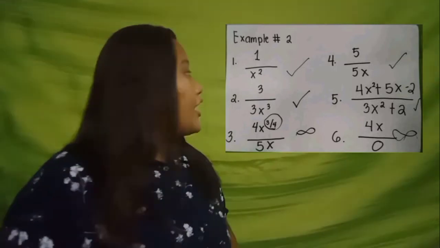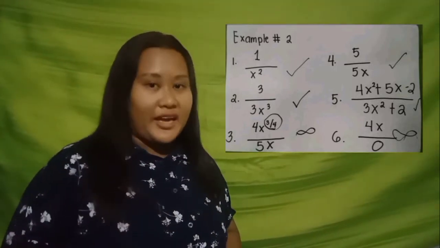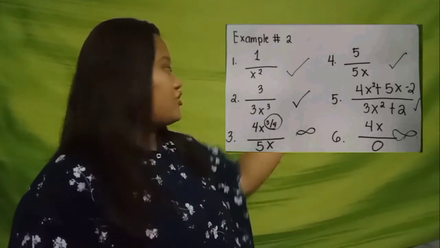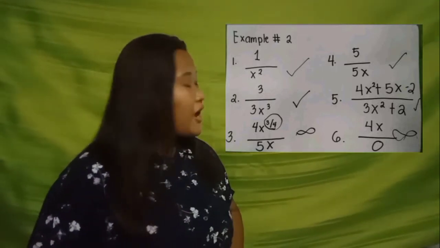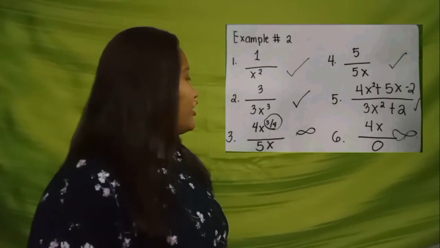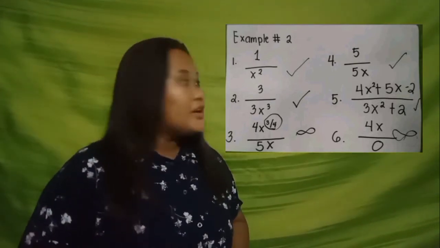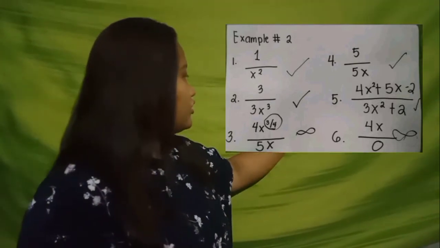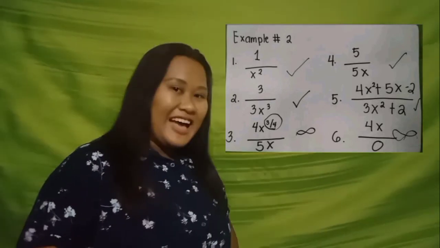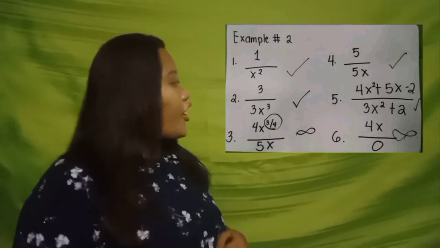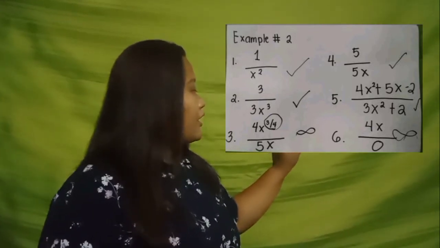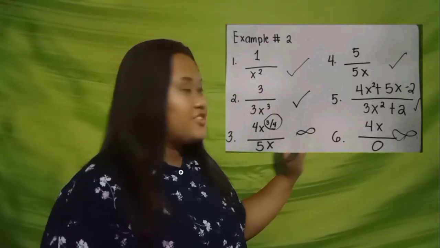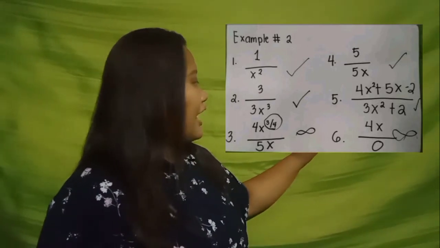Number 4, 5 over 5x is a rational function. Number 5, 4x squared plus 5x minus 2 over 3x squared plus 2 is a rational function. And last, number 6, 4x over 0. Di ba nga, bawal tayo magkaroon ng q of x na 0. Kaya this is undefined.